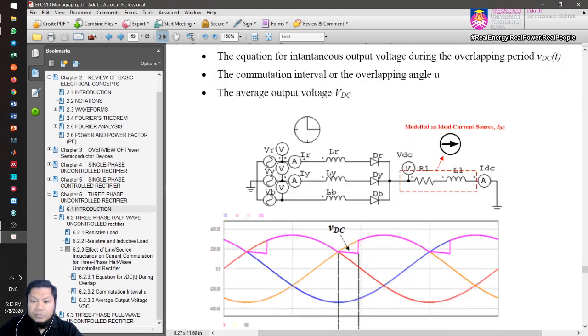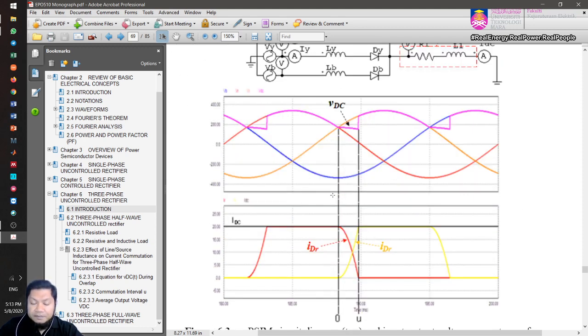Okay, so to be able to explain these conditions, we're going to consider the transfer of current from the red diode to the yellow diode. We have this red phase voltage, right? So this is during the red diode on. We know that this is 30 degree, and the duration of the pulse is always 120 degree.